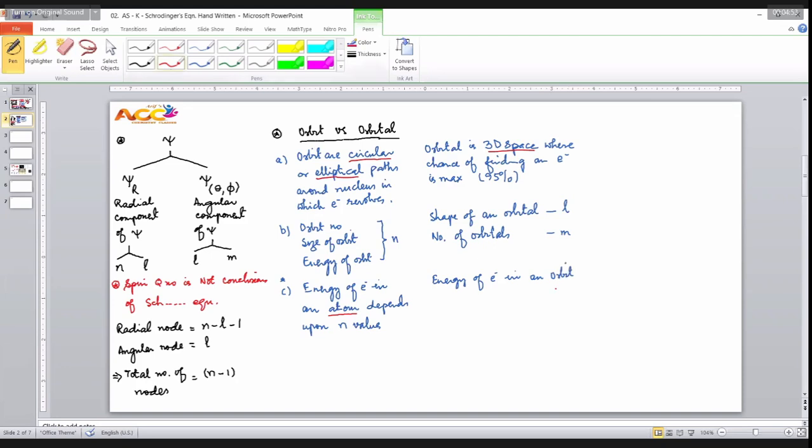Yes, there I am saying atom, here I am saying orbit, right? So the energy of an electron in an orbit depends upon l and m values. Better to say only l values. This is enough for me, right? This much is enough, that we have the main comparison of orbit and orbital.